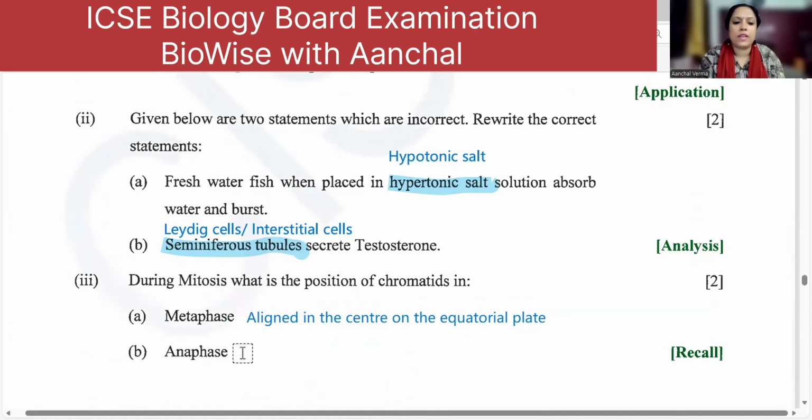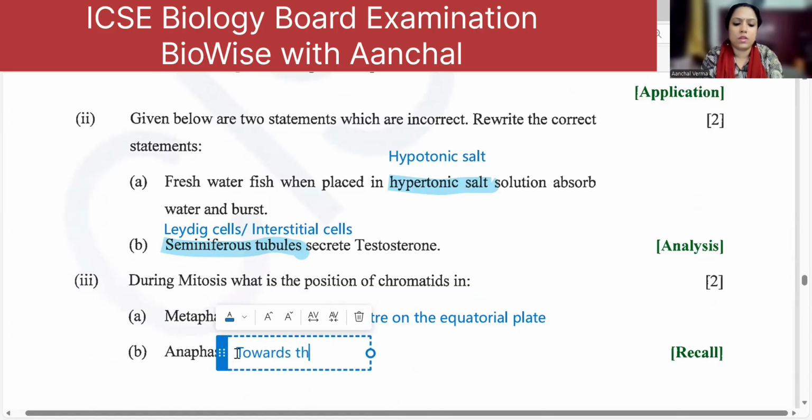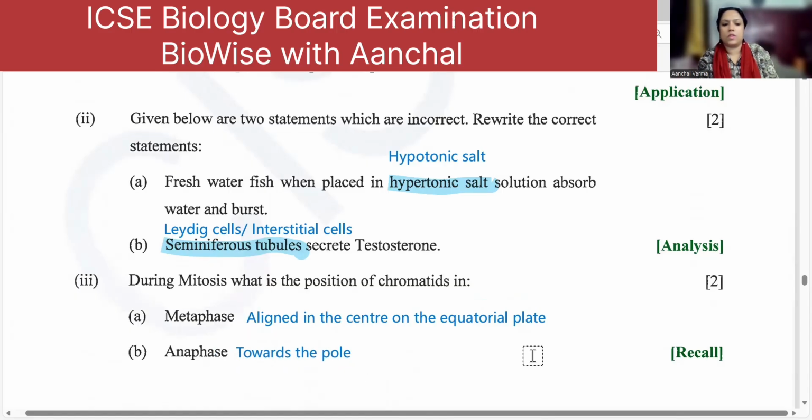And in anaphase, they are towards the poles. So this is your third answer.